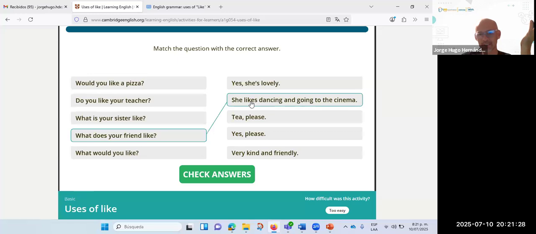So she likes dancing, no? And the last one, what would you like? Tea, please. So we have here some examples about how we use the word like. Okay, then I'm going to stop sharing.